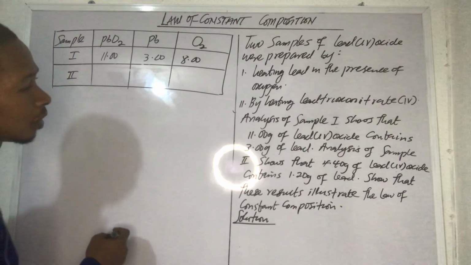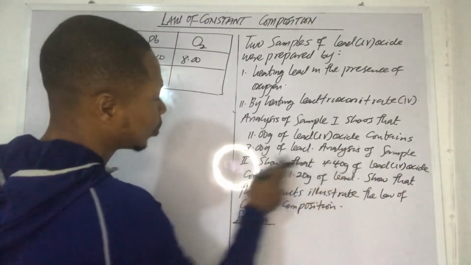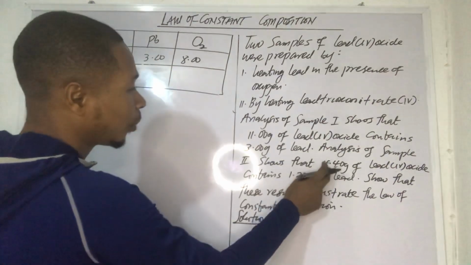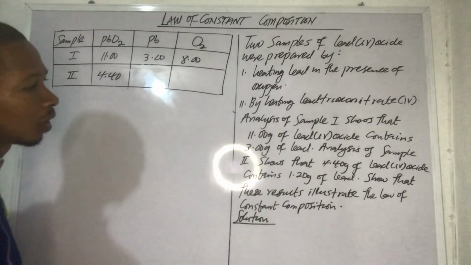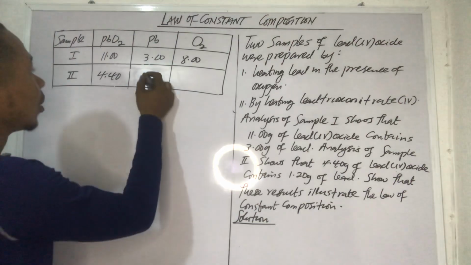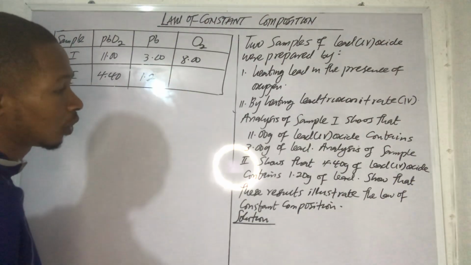Then in sample 2, analysis shows that 4.40 gram of lead(IV) oxide contains 1.20 gram of lead.